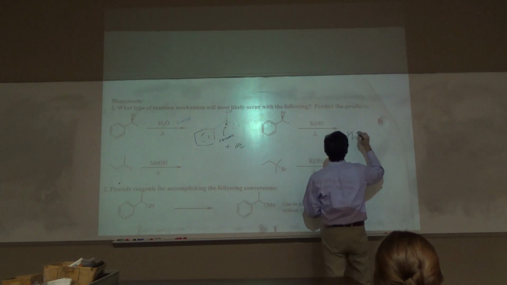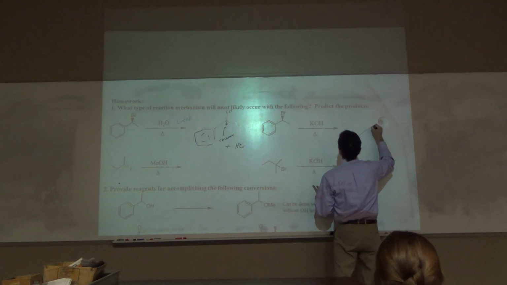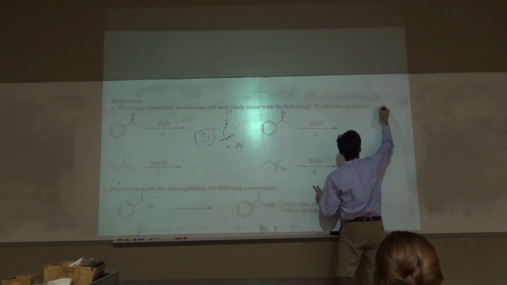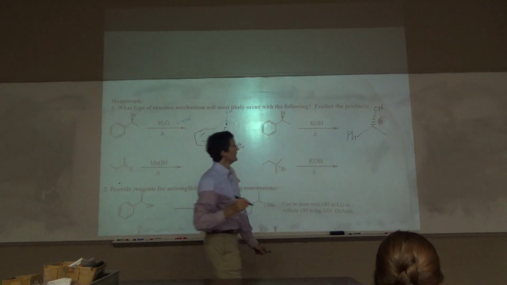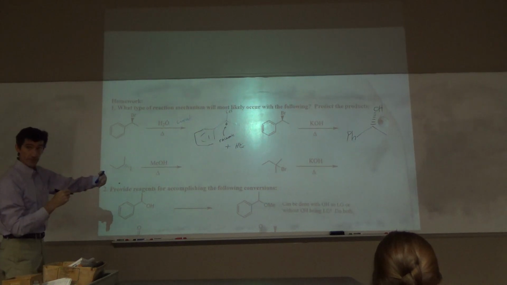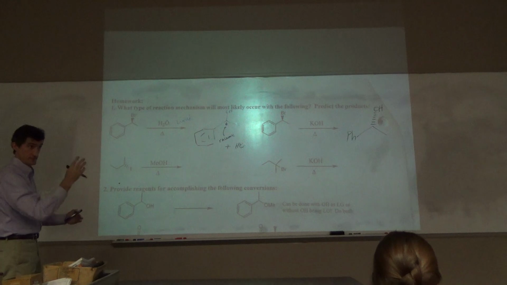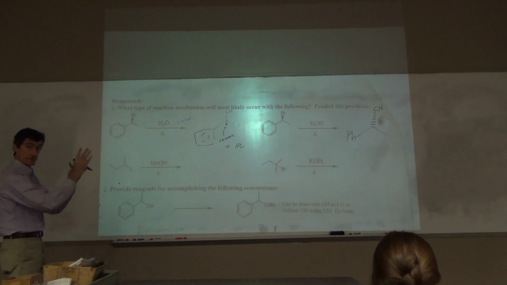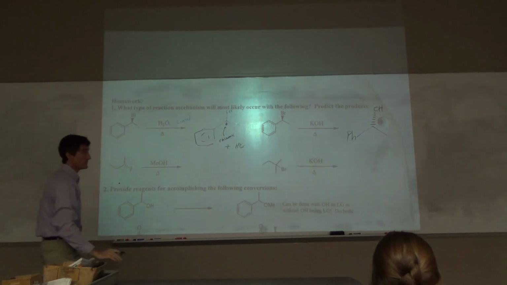Drawing the ring, I'm just going to say phenyl. And we know SN2 comes with inversion, right? Backside attack, behind the leaving group. Transition state, planar, inversion.